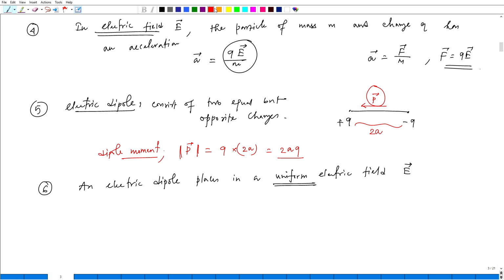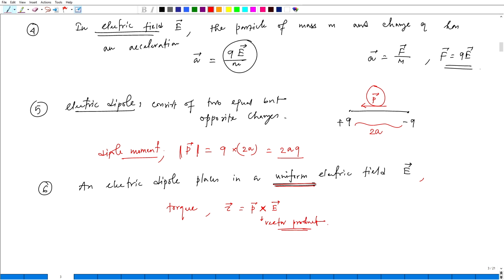It depends on whether you consider a uniform electric field or not. So first we consider the uniform electric field E. Then on this dipole there is a torque. The torque vector tau equals p cross E. This is a vector product.